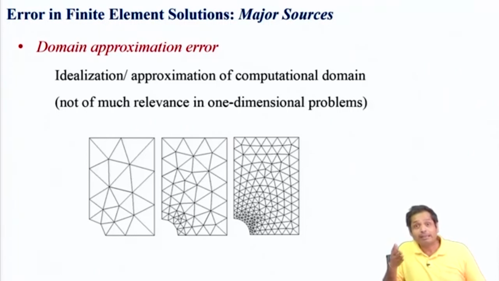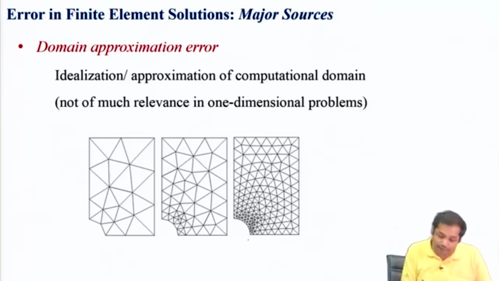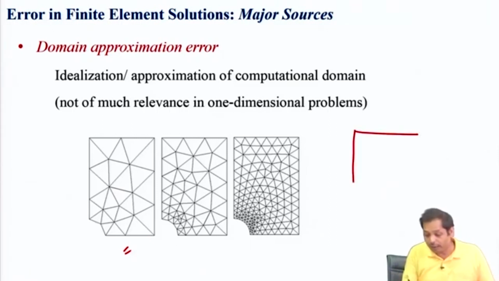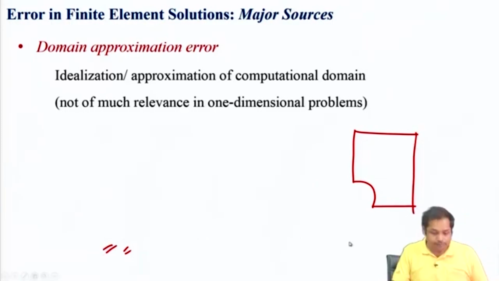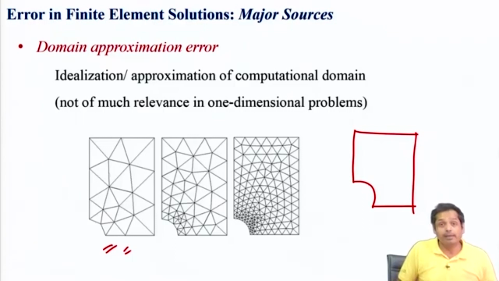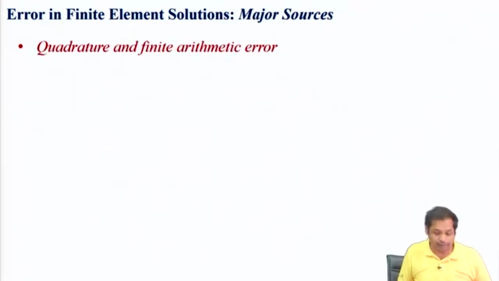The problem is a plate with a circular cut, but when you discretize this plate with coarse elements, your idealization differs from the actual domain. If we increase the number of elements, the approximation becomes slightly better, and with a further increase it is even better. But this problem is not very relevant in one-dimensional cases. We will see two-dimensional problems, and in three-dimensional problems this is an important source of error.